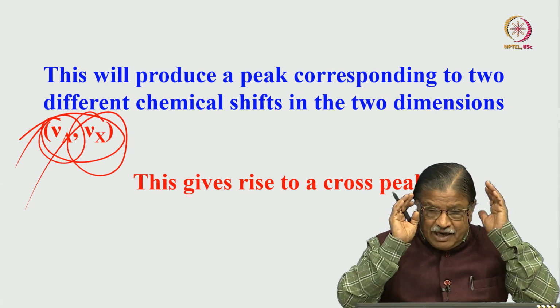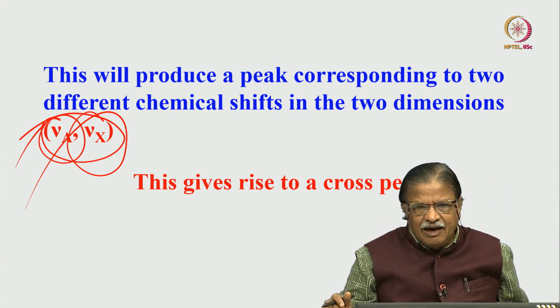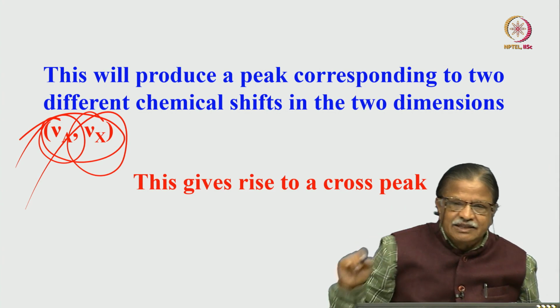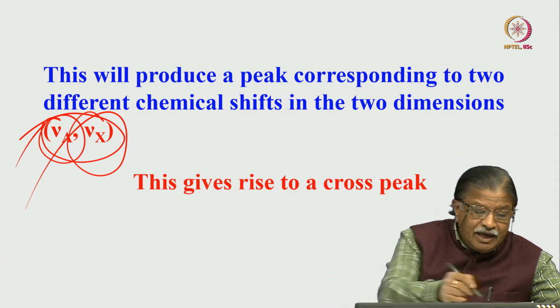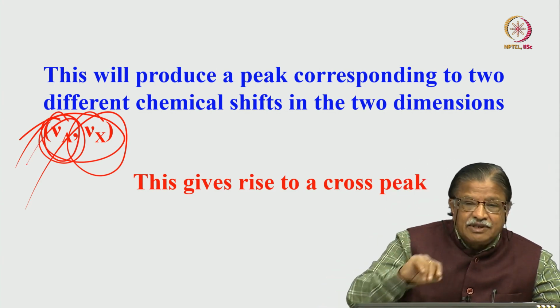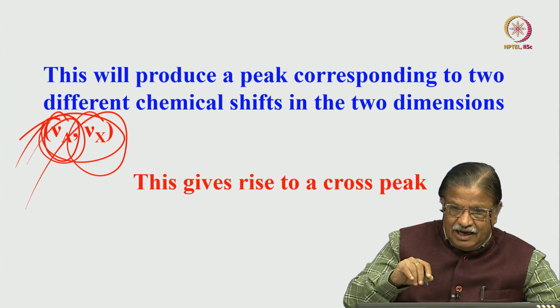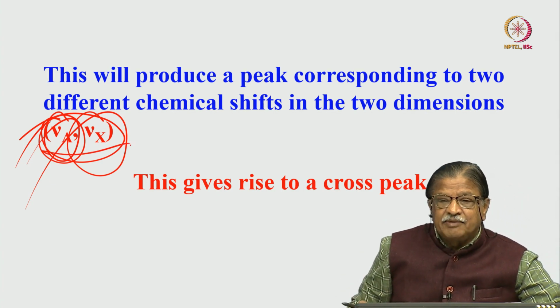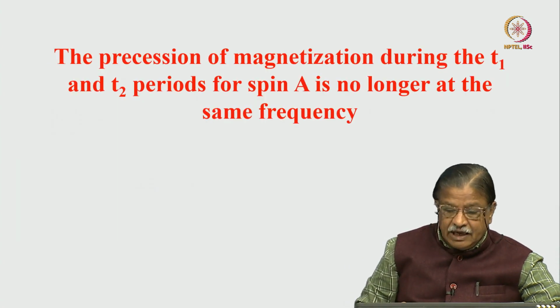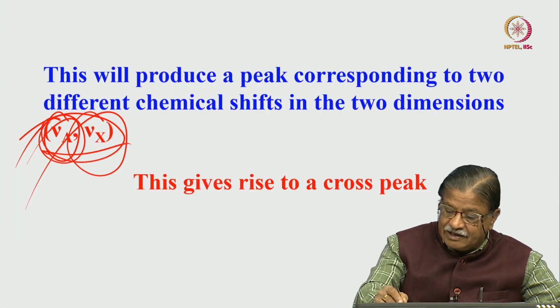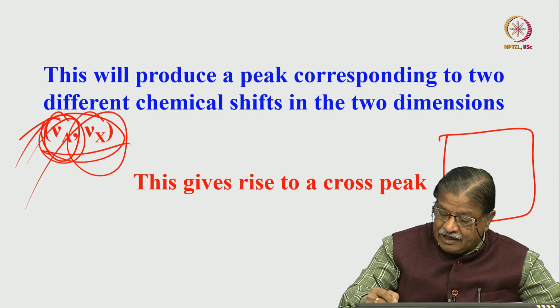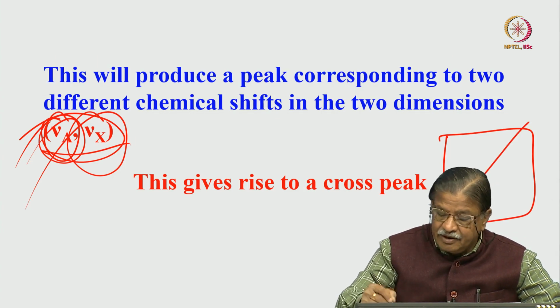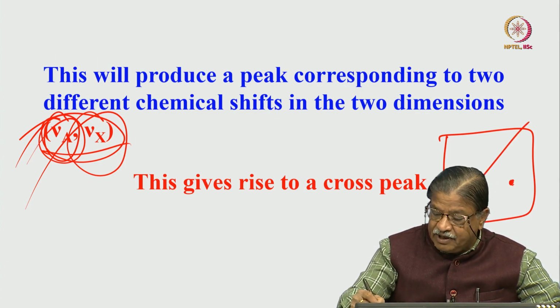When the chemical shifts are identical, nu A comma nu A, it is diagonal. But the spin A also gives a cross peak in addition to the diagonal, at frequency nu A comma nu X, which corresponds to a cross peak. For example, it gives a peak here, nu A, and also gives a peak here.